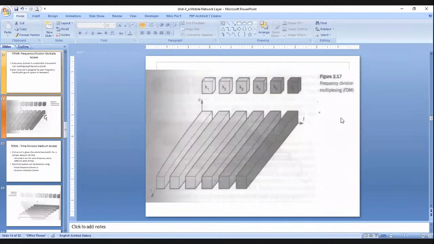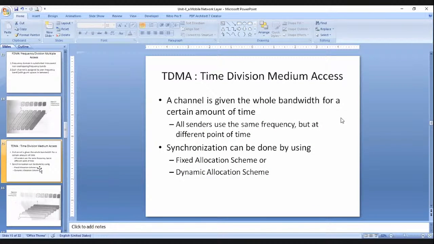If you go further, your channel will be allocated based on a time slot. If it is based on a time slot, then you have time division multiple access. Here, synchronization can be done by using a fixed allocation scheme or a dynamic allocation scheme. Whether a particular time slot will be allocated as already fixed, or will it be dynamic.